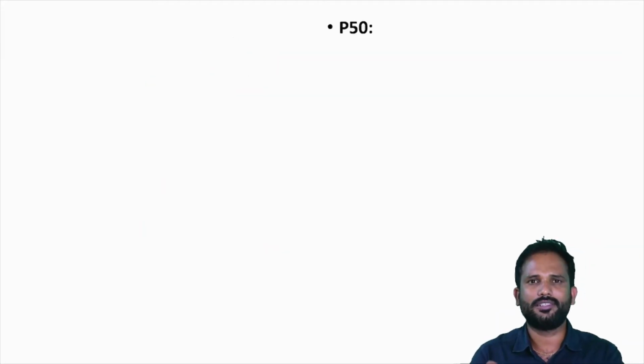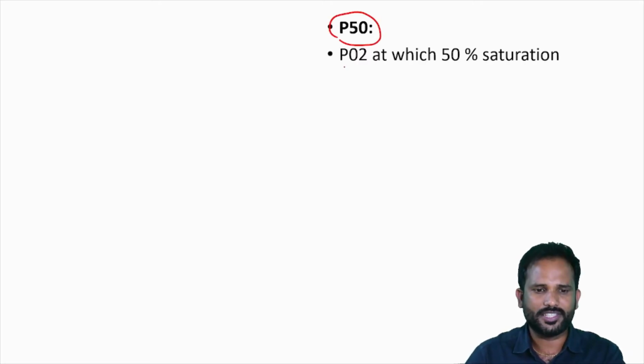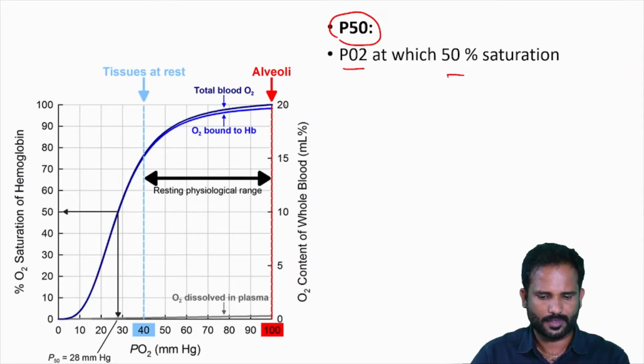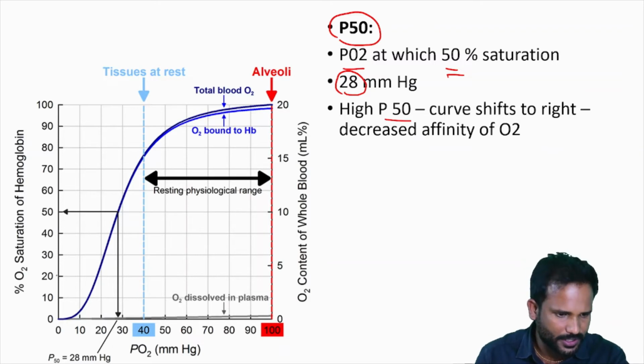And there is a term called P50, which is the PO2 at which 50% saturation of hemoglobin occurs, and usually it is at 28 mmHg. Here you can see at 28 mmHg, it is 50% saturated.